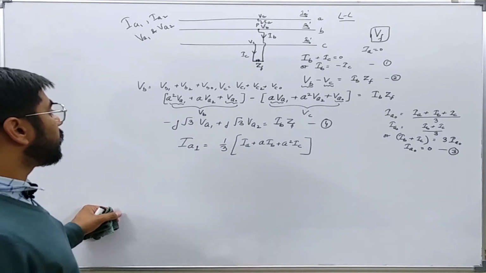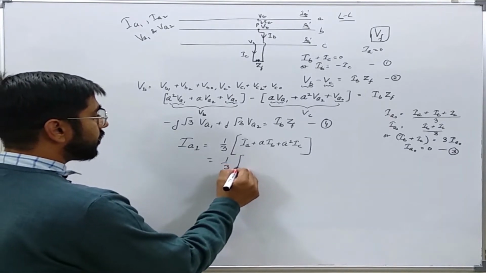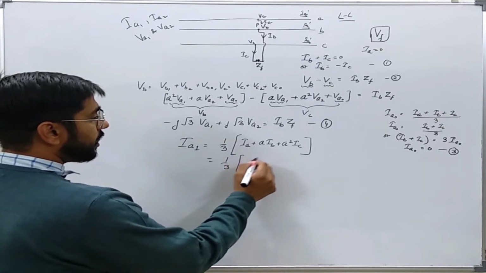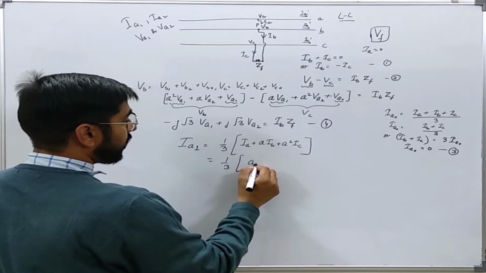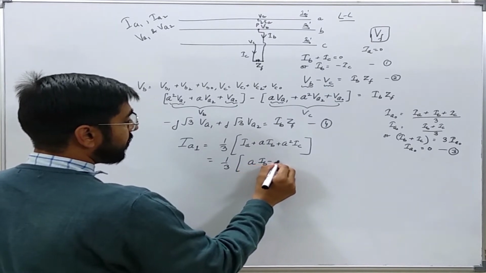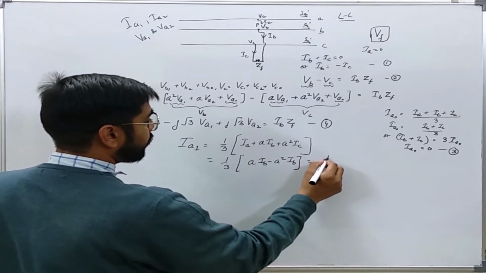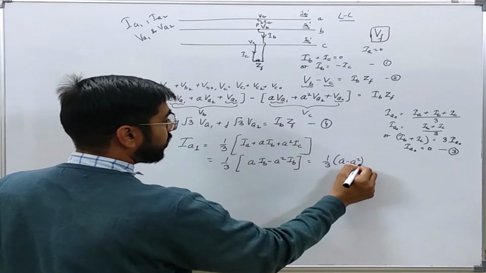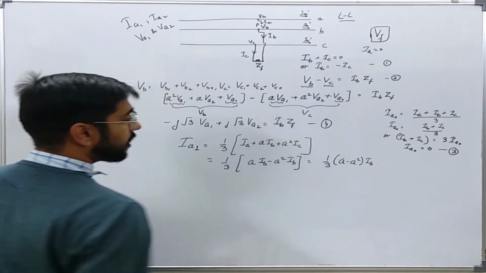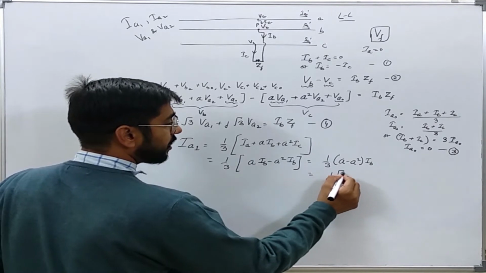Here IA is equal to 0, and IB is equal to minus IC, so A IB minus A square IB. So it is 1 by 3 (A minus A squared) IB. Now A minus A square is nothing but j root 3.